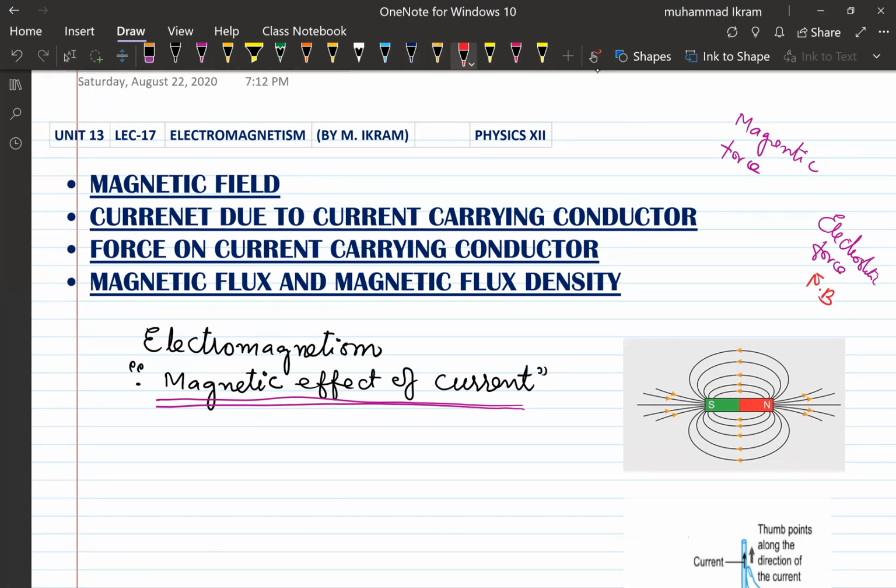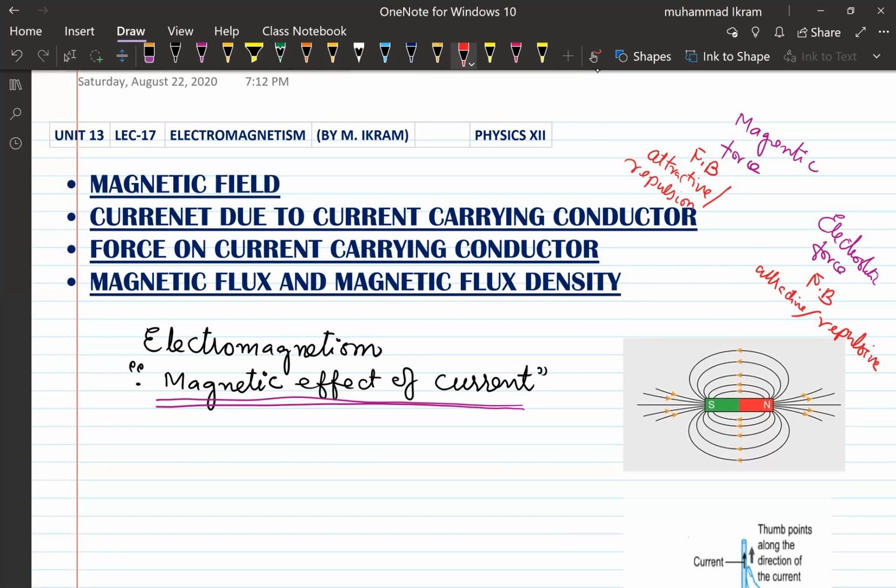Similarly, magnetic force is also a field force, right? It exchanges through a field. It acts at a distance. In the same way, electrostatic force is both attractive and repulsive. And the same is the case with the magnetic force also, attractive as well as repulsive.